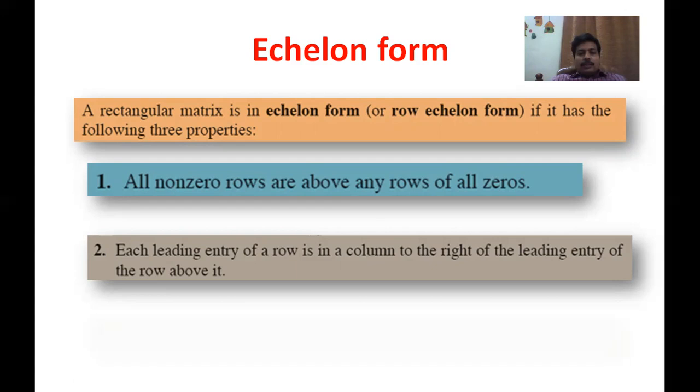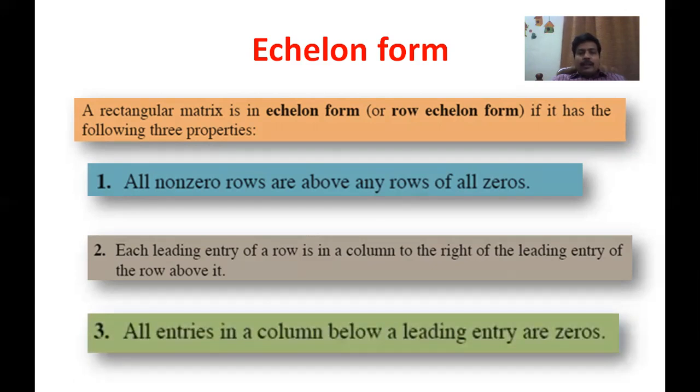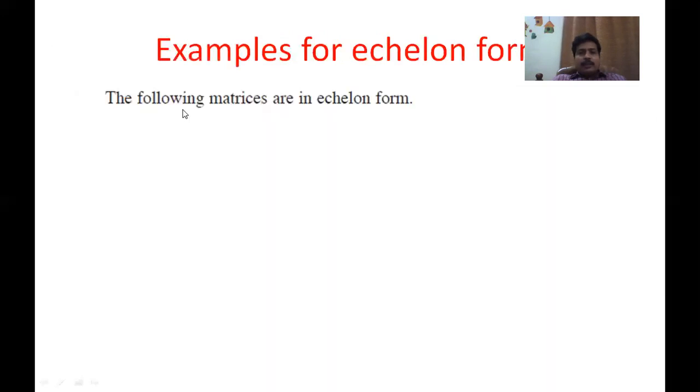Now the third condition is: all entries in a column below a leading entry are zeros. So if these three conditions are satisfied by a rectangular matrix, then we can say that it is in echelon form. Let us look into this through an example.